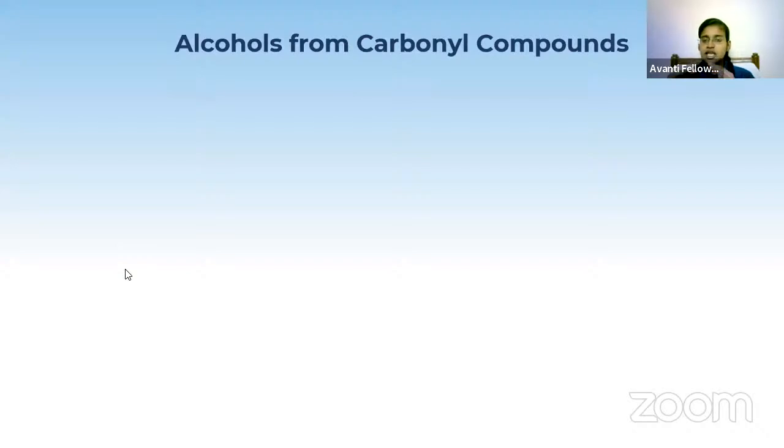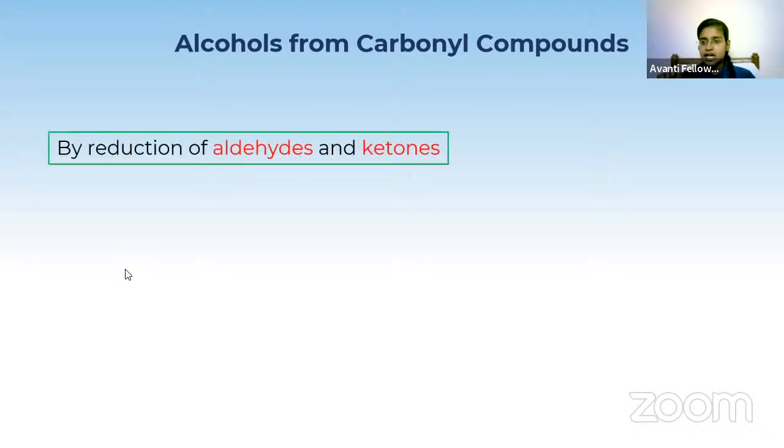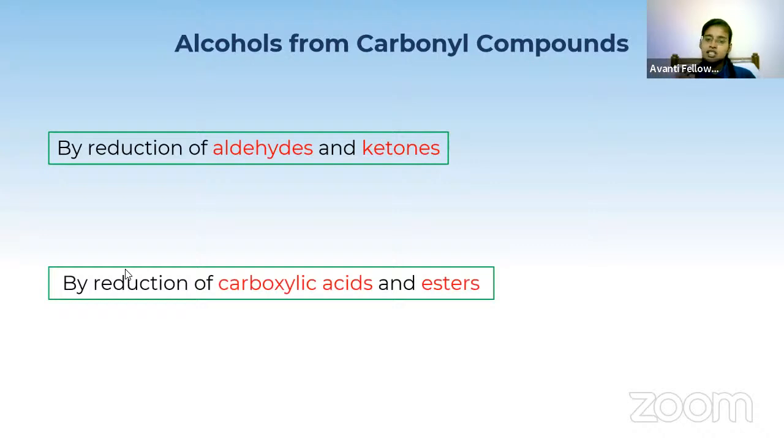C double bond O containing compounds are called carbonyl compounds. I'm going to classify these four into two categories. First is by the reduction of aldehyde and ketone. Second is by the reduction of carboxylic acid and ester. So these are the four carbonyl compounds from which we are going to prepare the alcohols using the reduction method.